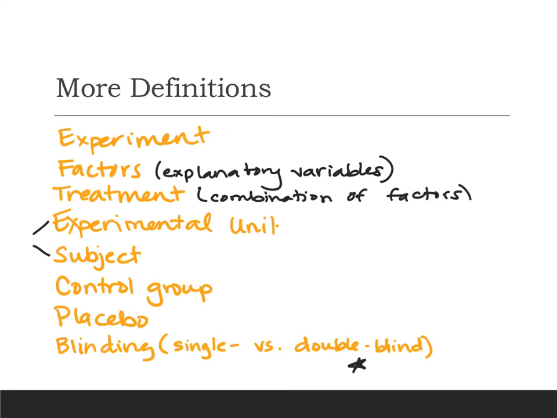The rabbit doesn't act better because it knows it's getting the new food, or vice versa. It doesn't act better because it was like, well, this is the food that I had before, and I don't want to change. I'm gonna make my coat shinier so that they'll know that this is the better food. So blinding is not always an issue, but when questions and opinions come into it, we want to use blinding when possible.